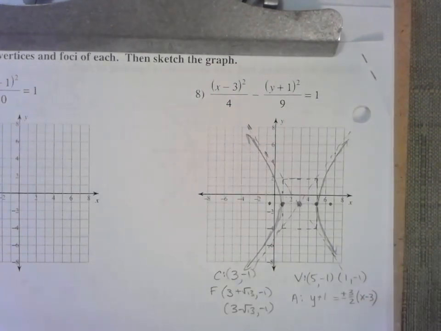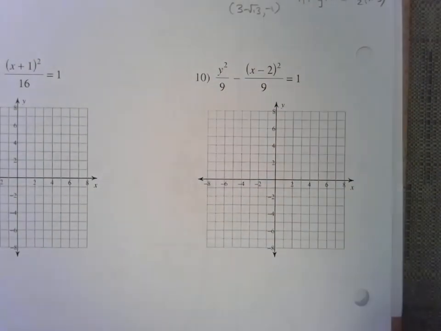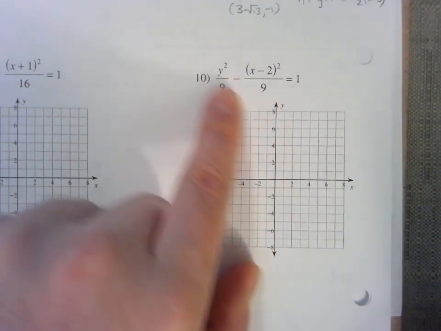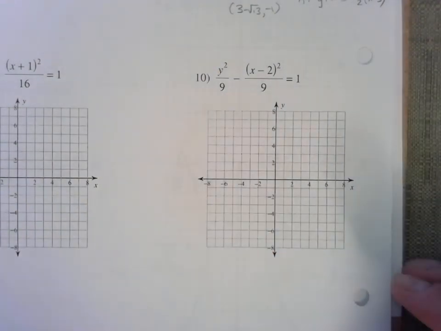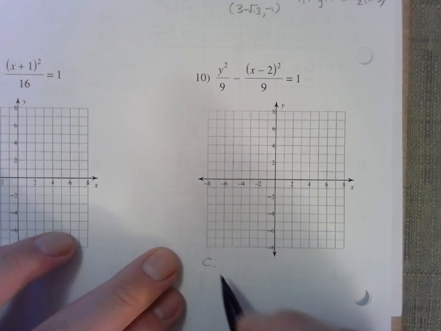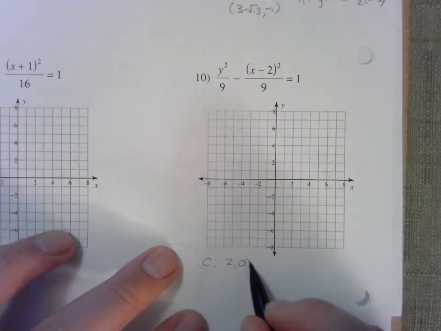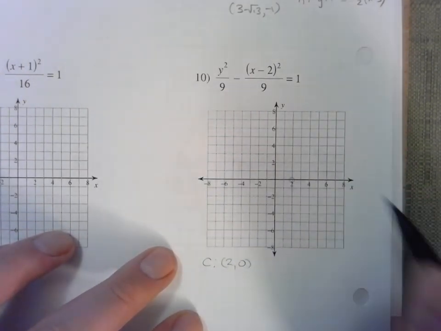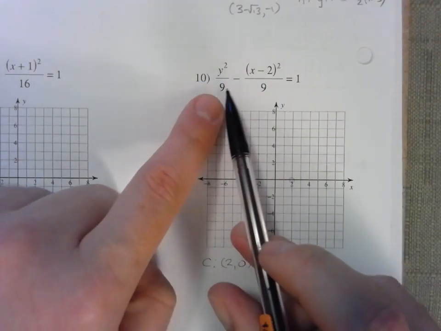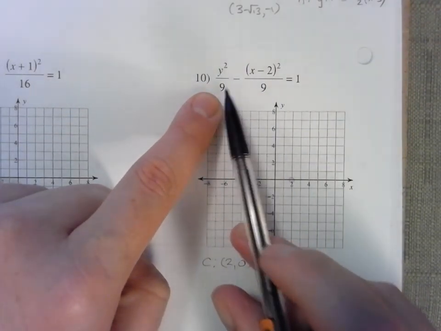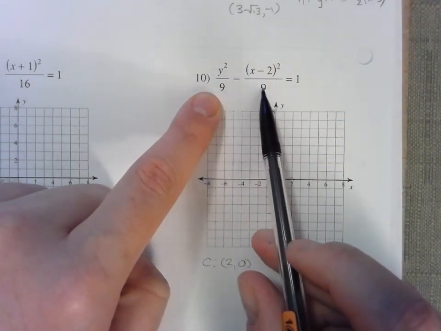Let's try one more. Let's try 10 because the camera's focused in on it. Where's the center? Let's analyze this. The center is +2, 0. I'm going to build a rectangle. 3 up, 3 down, 3 left, 3 right.